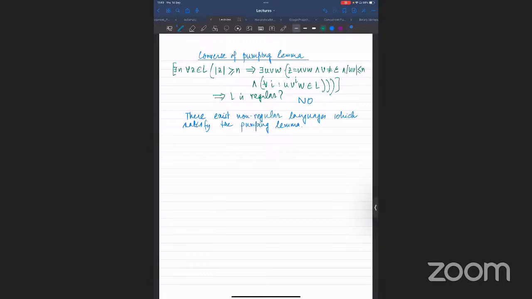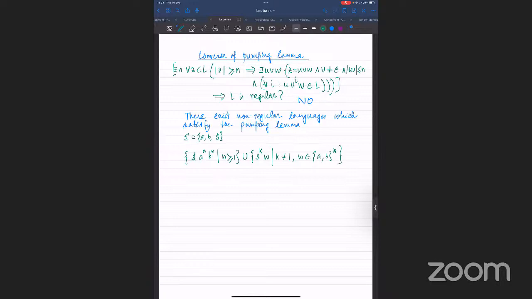So I'll give you an example. I mean, it may not be very easy to come up with this. So consider this language. What is my sigma? Here the sigma is {a, b, $}. The language is $ a^n b^n with n greater than or equal to 1, union $^k w such that k is not equal to 1 and w belongs to {a,b}*.